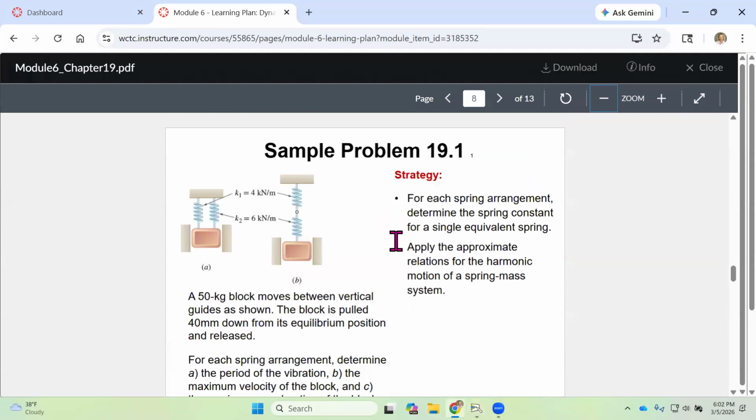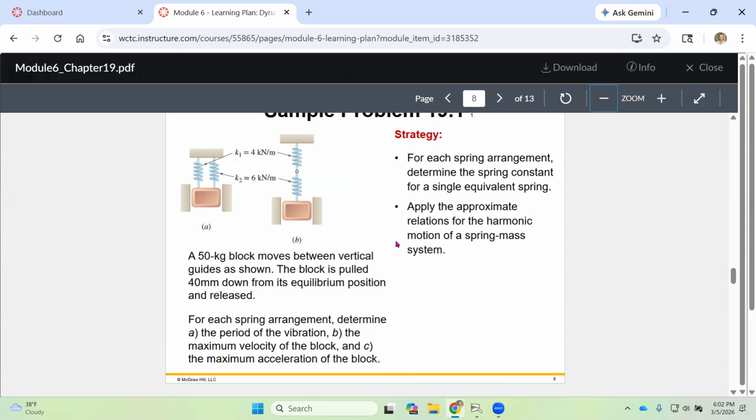Our first sample problem, or practice problem, is going to be 19.1, and it is found on page 1358 in your book. I'm going to use the illustration here, and then we'll work it underneath the camera. As you can see, we have a 50 kilogram block. It moves between the vertical guides as shown. So here's the block, and here are the guides on either side.